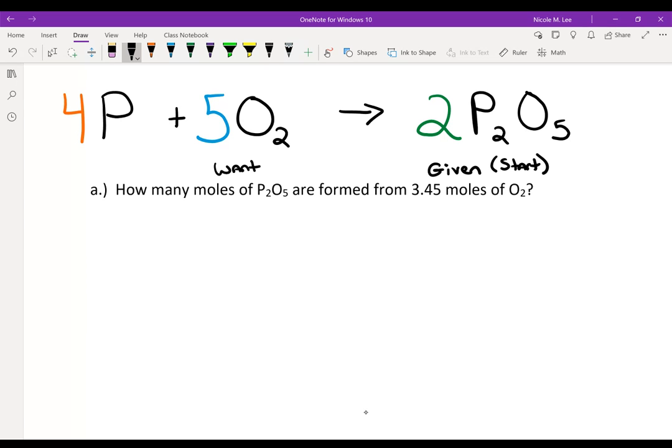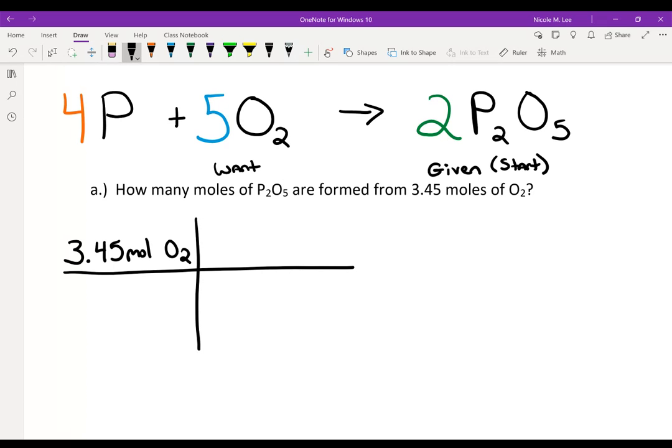So I always start with my given information, 3.45 moles of O2. Put that in my grid. Since I have moles of O2 in the numerator, I need moles of O2 in the denominator. So how many moles of O2? Well, you look back up at this balanced chemical equation.